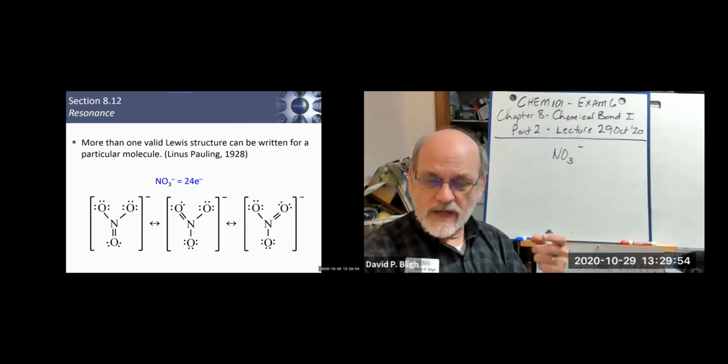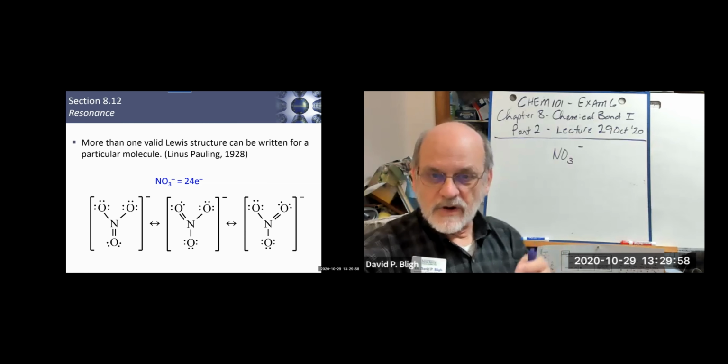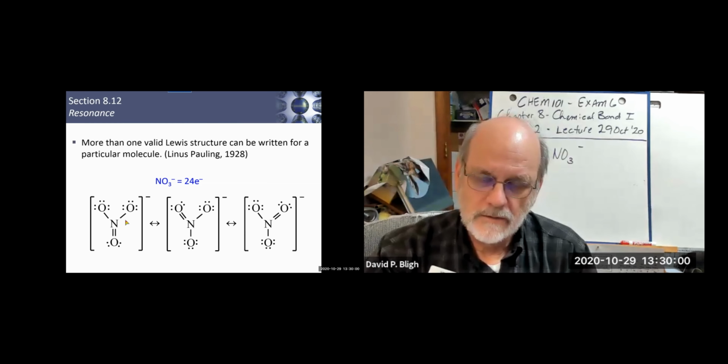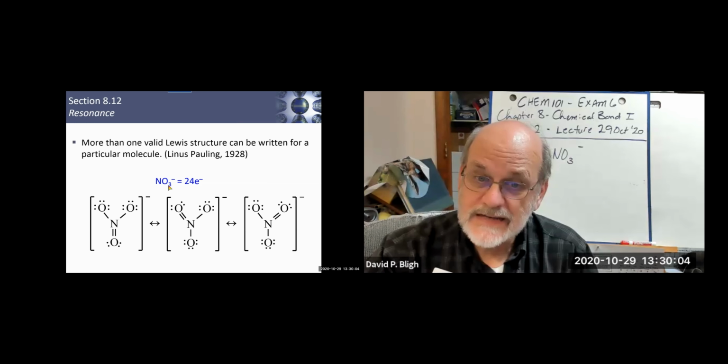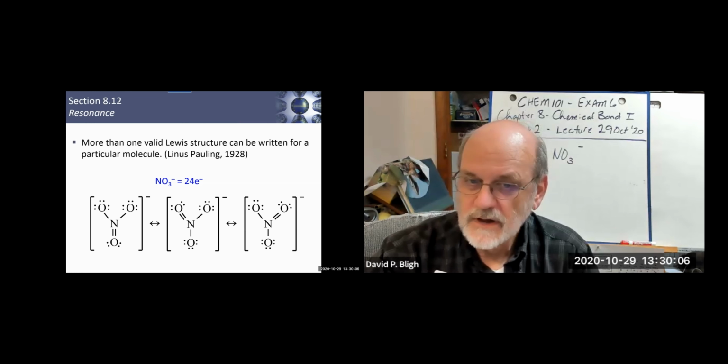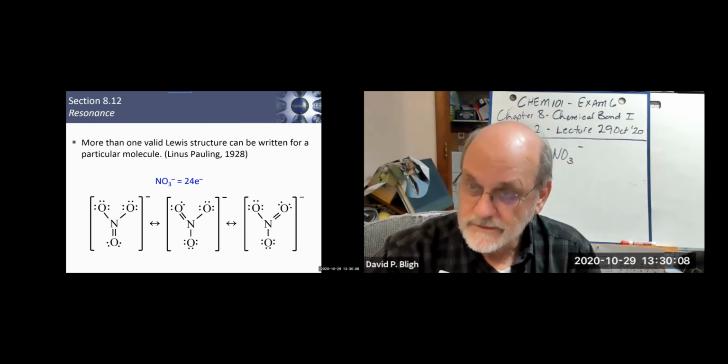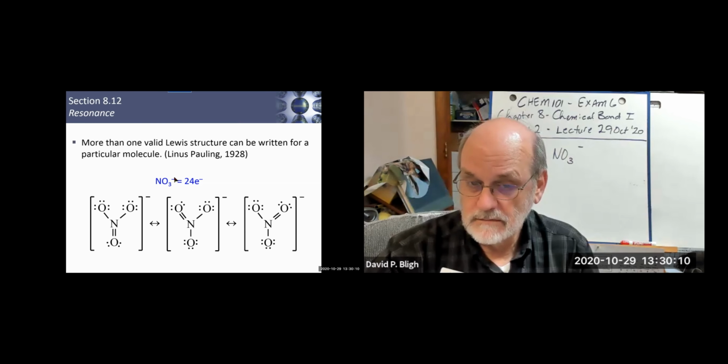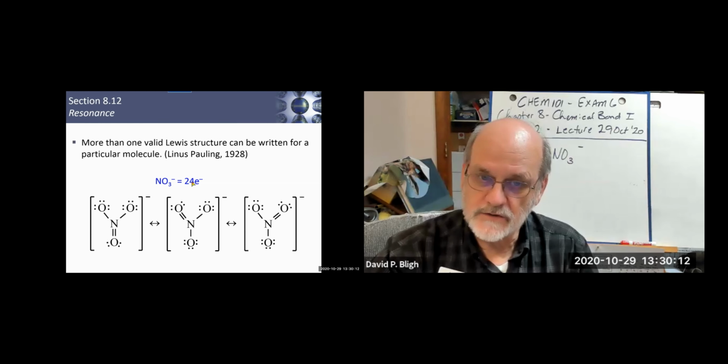If we do that, we have 24 electrons. Why do we have 24? Nitrogen has 5, three oxygens is 18, that is 23 electrons. You've got a charge, and that's an electron. So we have 24 electrons for this ion. Don't forget the ions.